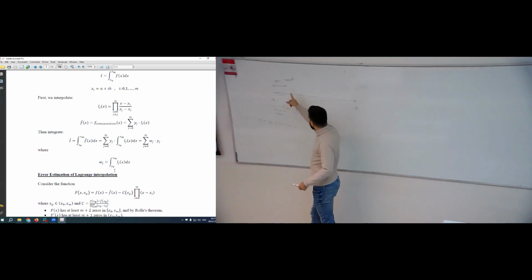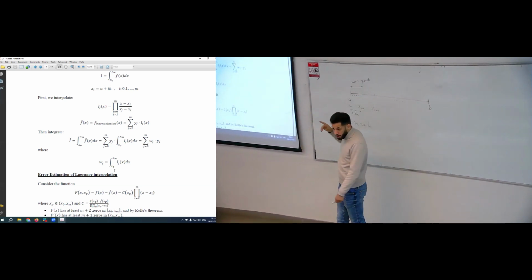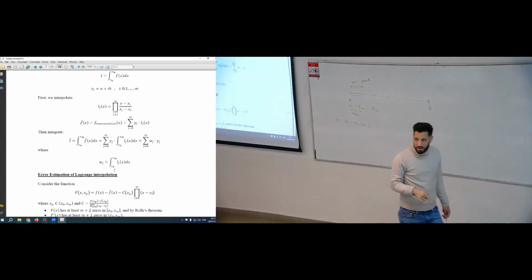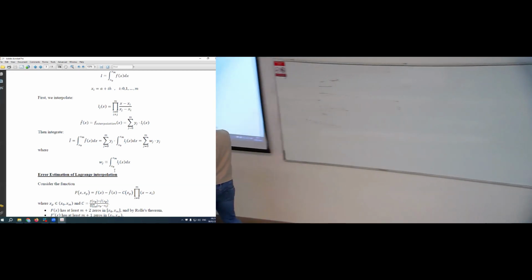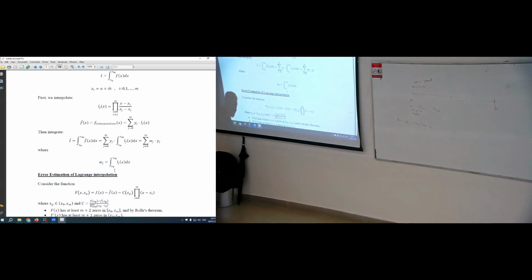So these are n plus 1 points. I want another point that the function is 0 at. So I build the function f minus f hat of x minus some constant at some point xp. Here I choose some point xp.